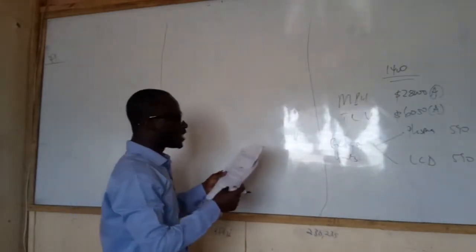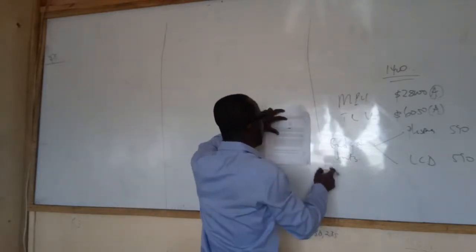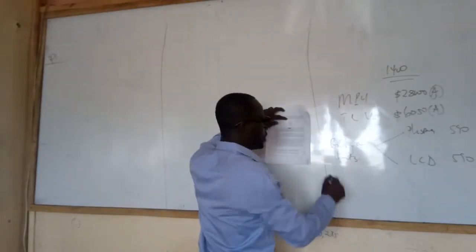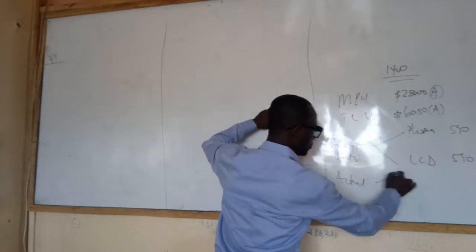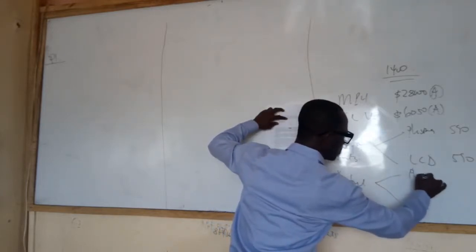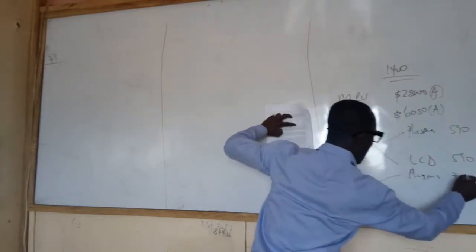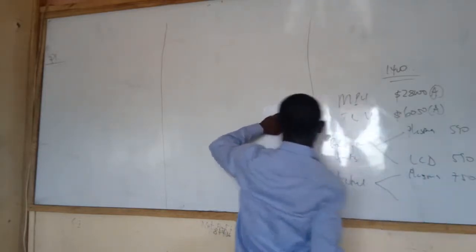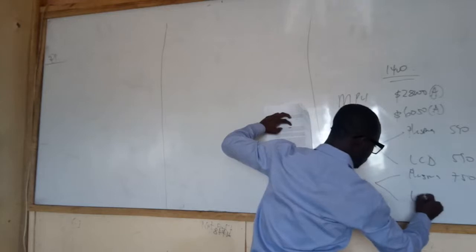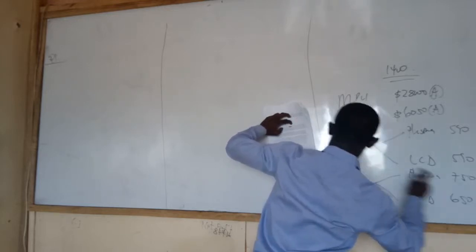Actual sales volumes: for plasma, we are told it is 750, and for LCD, it is 650. Very important.